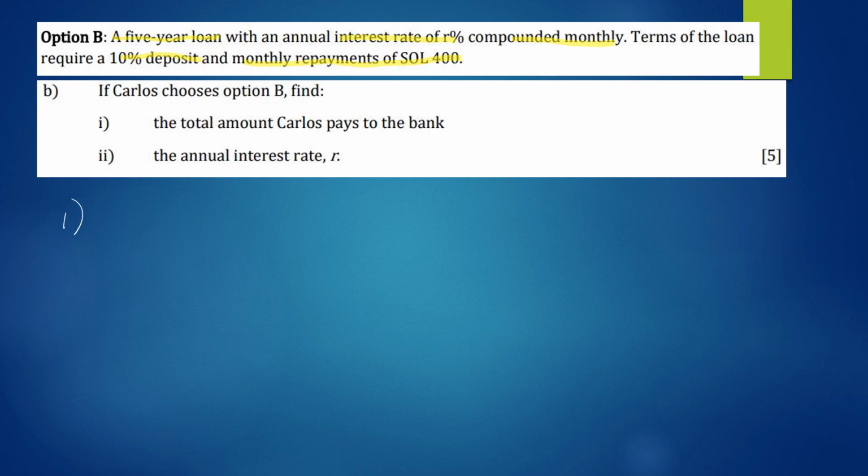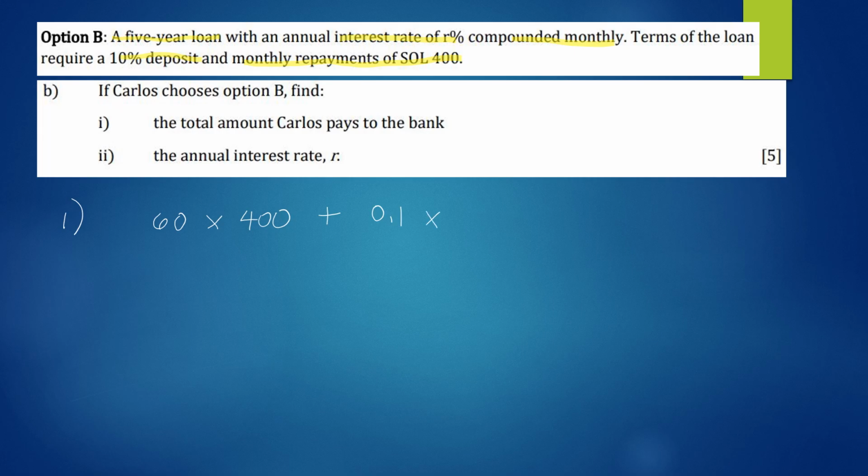Since it's a monthly payment, 5 years, how many months? That's going to be 60 times every month. Every month he's paying 400, and before that, he paid first a deposit of 0.1, which is 10% of the loanable amount.